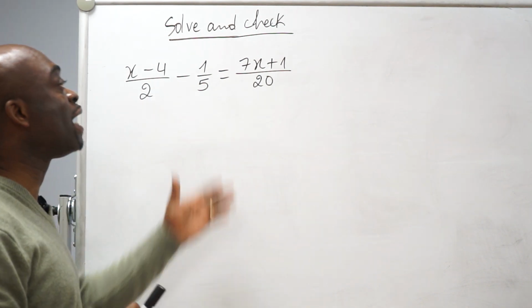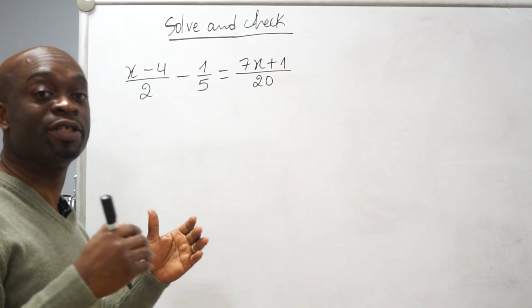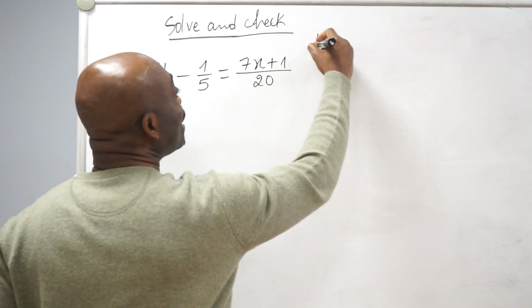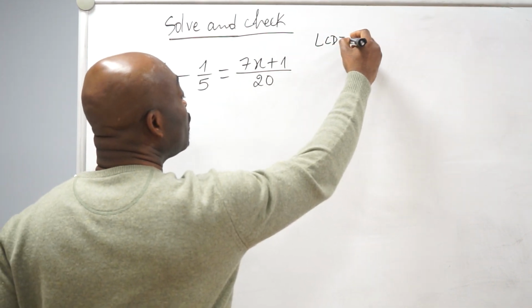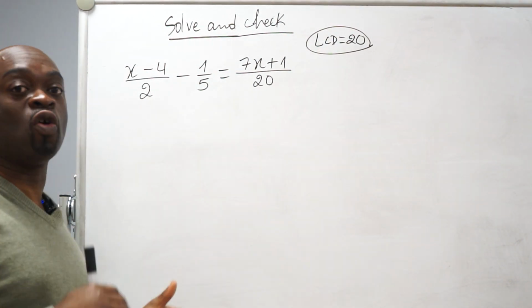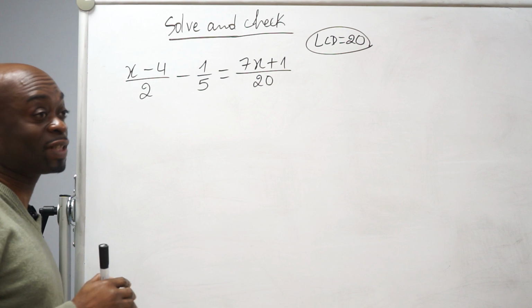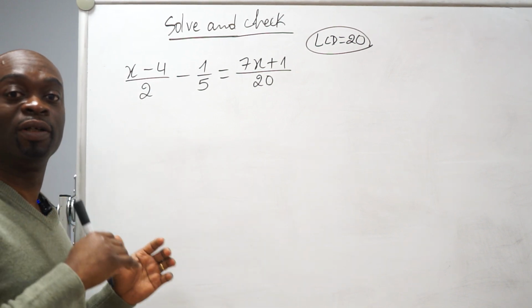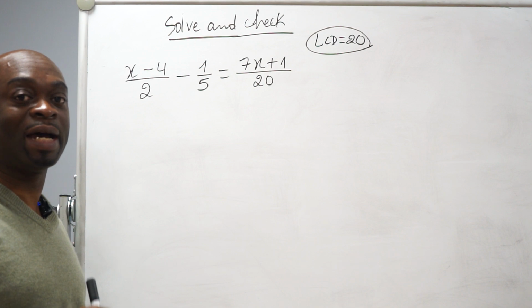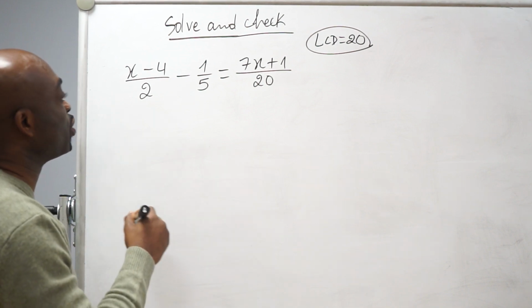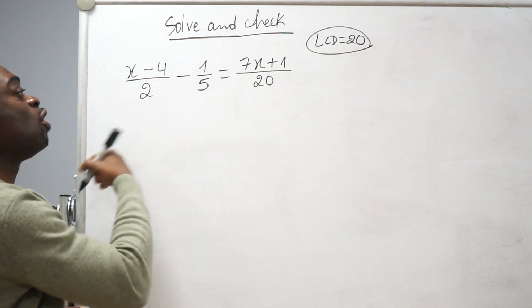So that's the reason why the lowest common denominator is 20. Everybody with me? So LCD equals 20. Like I said, you can go back to our previous videos on our YouTube channel, just type in lowest common denominator, for a refresher.